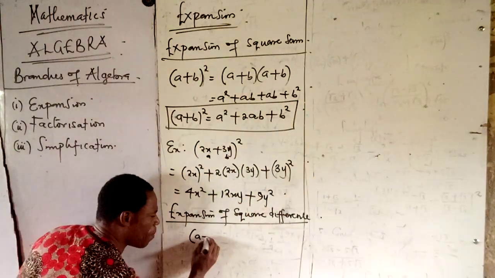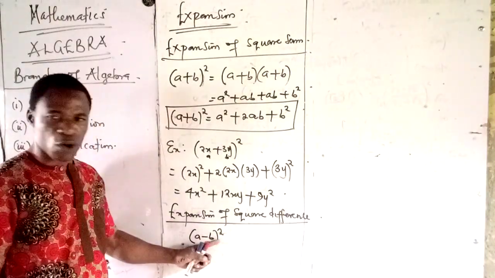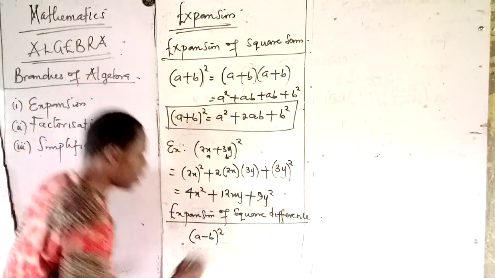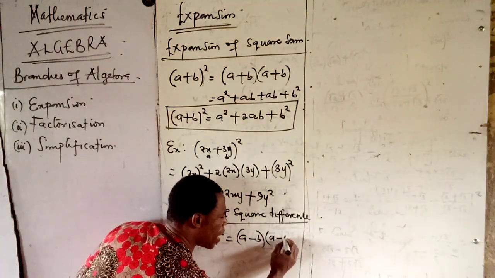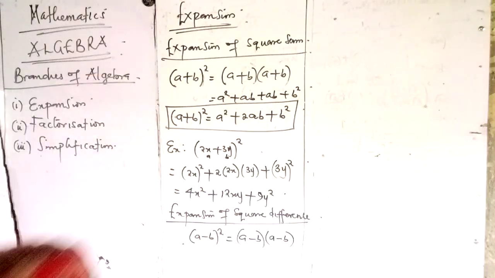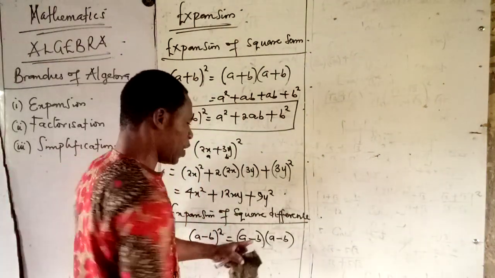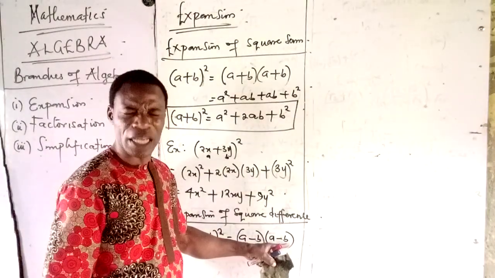If I say a minus b all square, this is a minus b into a minus b. There is a misconception.